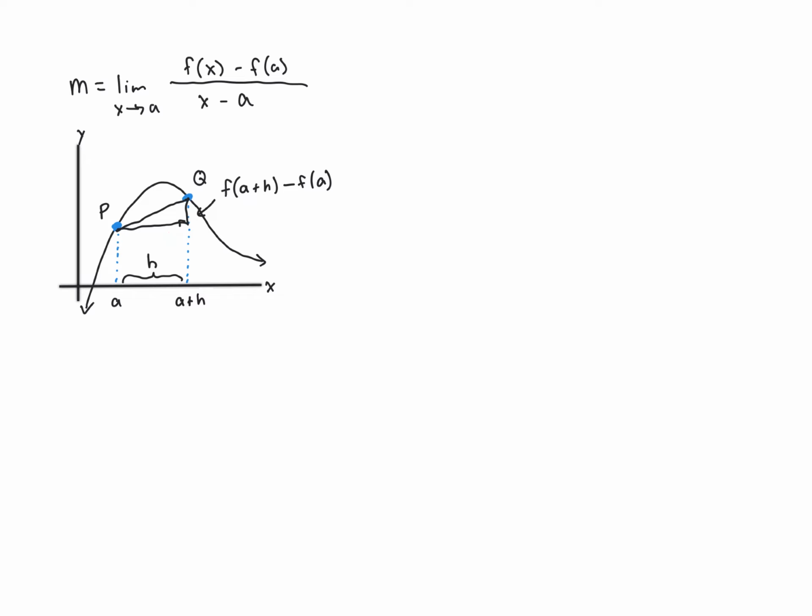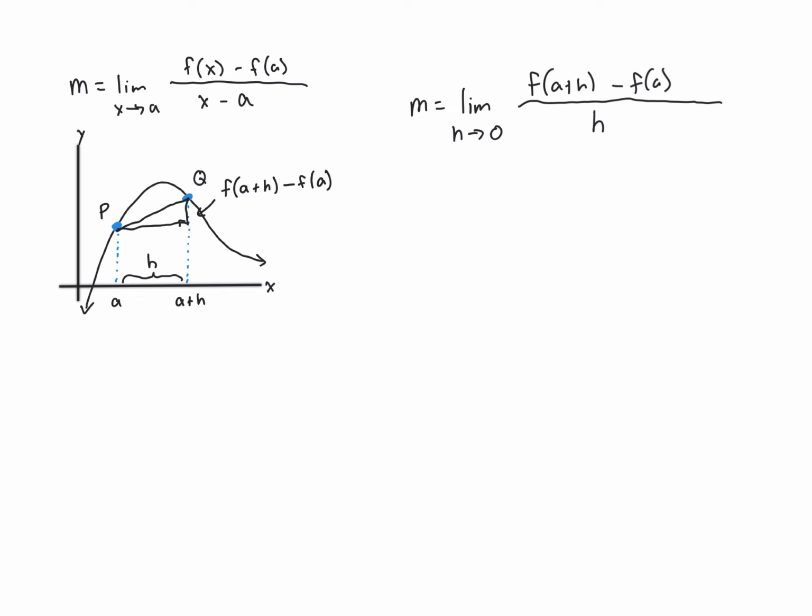And this allows us to rewrite the slope formula in a slightly different way. It's going to be the limit as h approaches 0, because we want this distance to get smaller and smaller as this point moves to the left, as Q approaches P. h is going to go to 0, so it's going to be the limit as h approaches 0 of the rise, which is f of a plus h minus f of a, over the run, which in this case is just h.